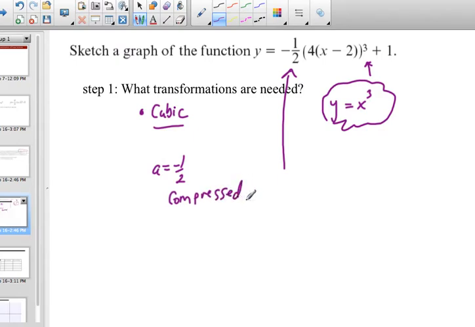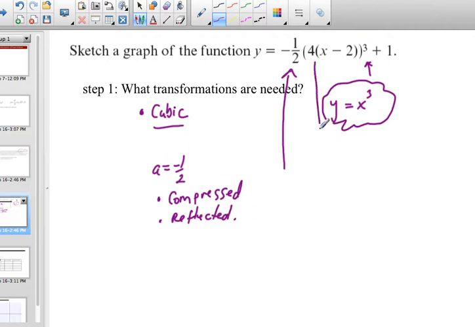It's going to be pushed towards the x-axis compared to that one, so a little wider. Then the negative means, like we've already talked about, that it should be upside down. So our end behaviors will be in the opposite directions from this one. So it's a reflection. We knew that already. Okay, so that's dealing with the a.